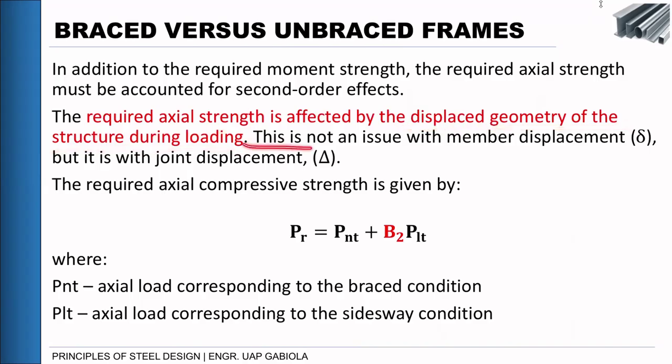But this is not an issue when we talk about P small delta, because we said it cannot move. So there is no displacement in the geometry of our section. Unlike with big delta, where we have joint displacement. So in our equation, we have no amplification for the no-translation part, but for the part with lateral translation, we have a factor, B2, which will be discussed later on.